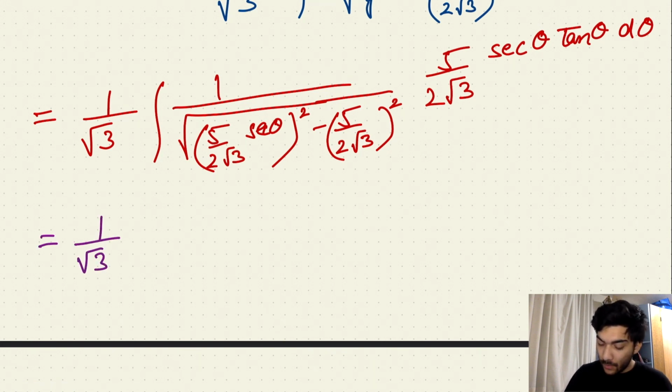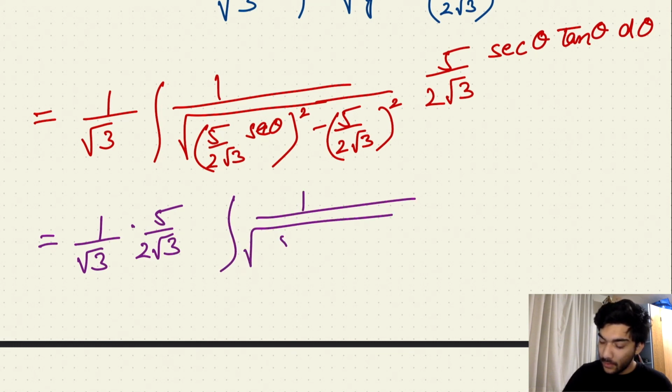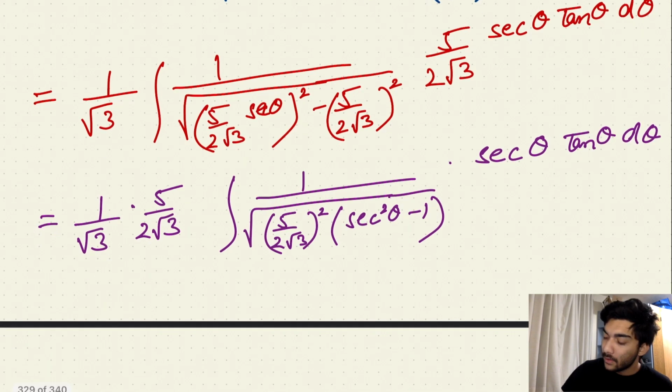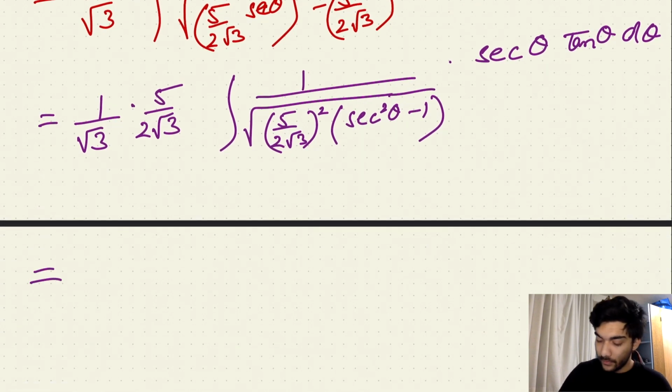First, 1 by root 3 times 5 by 2 root 3 integral 1 over square root 5 by 2 root 3 whole square secant square theta minus 1 times secant theta tan theta d theta, right?